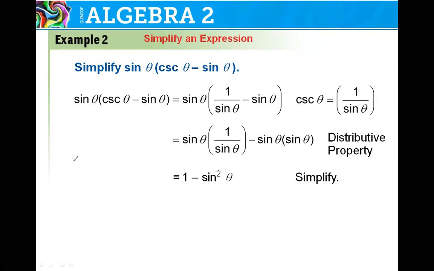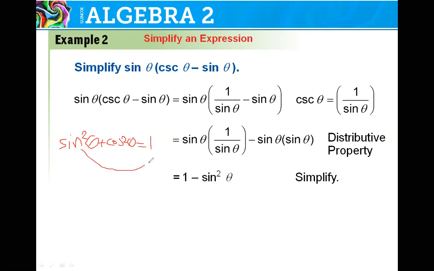1 minus sine squared. Can I write here a rule and you can deduce the answer? Sine squared theta plus cosine squared theta equals 1. If you take sine squared to the other side, cosine squared theta equals 1 minus sine squared theta.